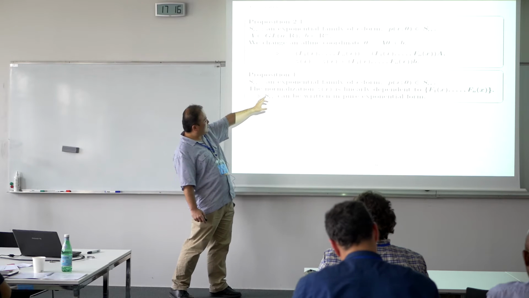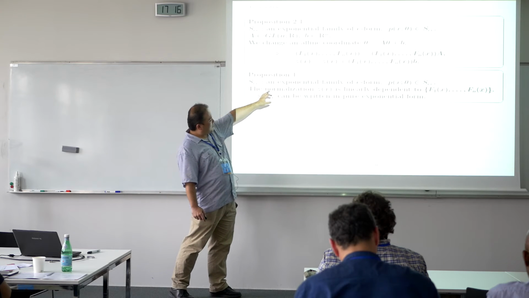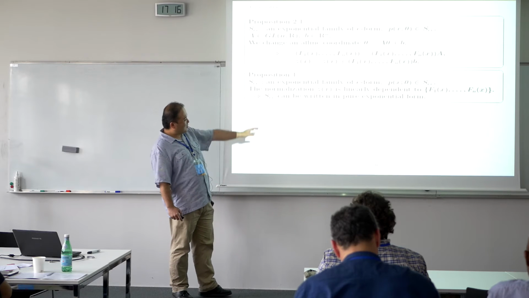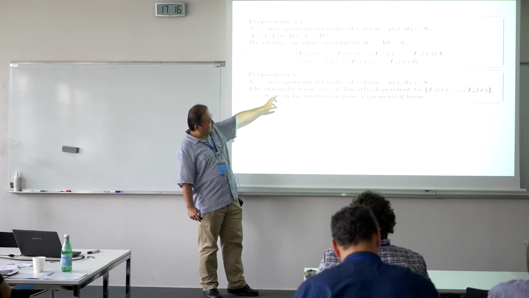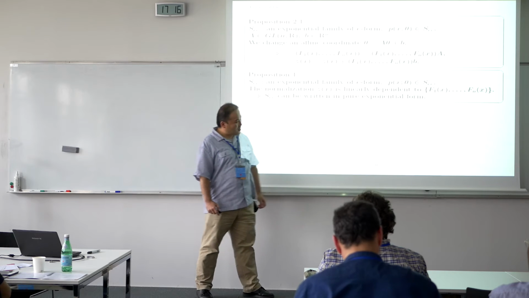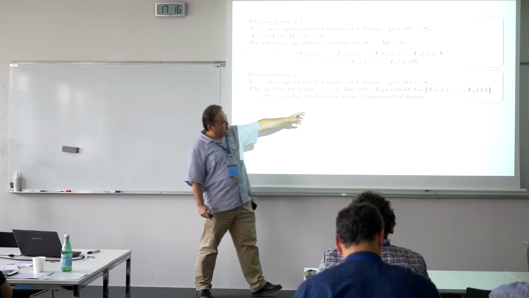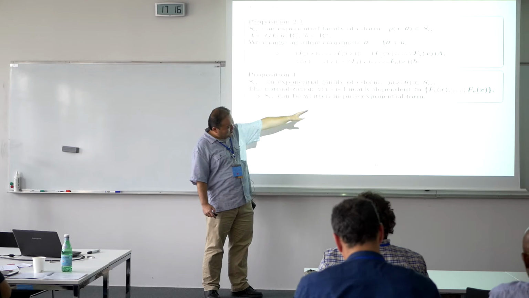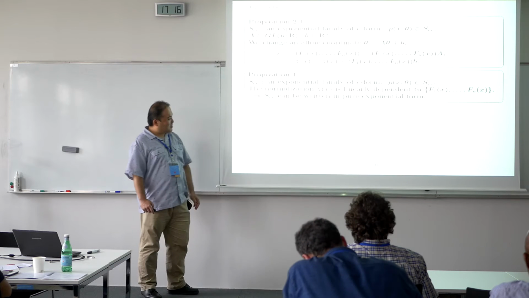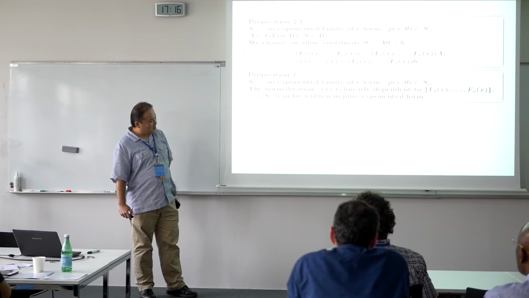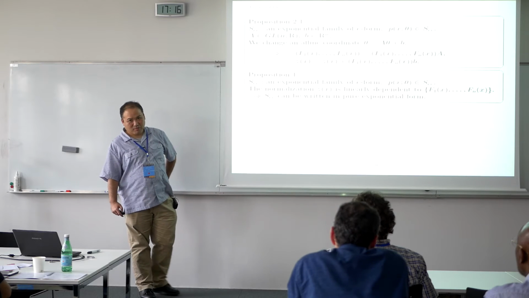If we consider an exponential family of E form, and if the normalization function is linearly dependent on the random variables f sub 1 to f sub n, then this exponential family can be written in pure exponential form.